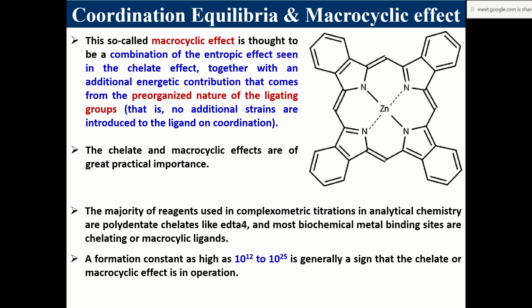And so you will find this thing in nature. Chlorophyll is an example. Then there are many complexes in the body, so zinc here has a complex with phthalocyanine. So the macrocyclic effect is a combination of the entropy effect as in chelate together with an additional energetic contribution coming from the pre-organized nature of the liganding groups. So no additional strains are introduced, and so the formation constant of this is likely to be very high, 10 to the power 25.